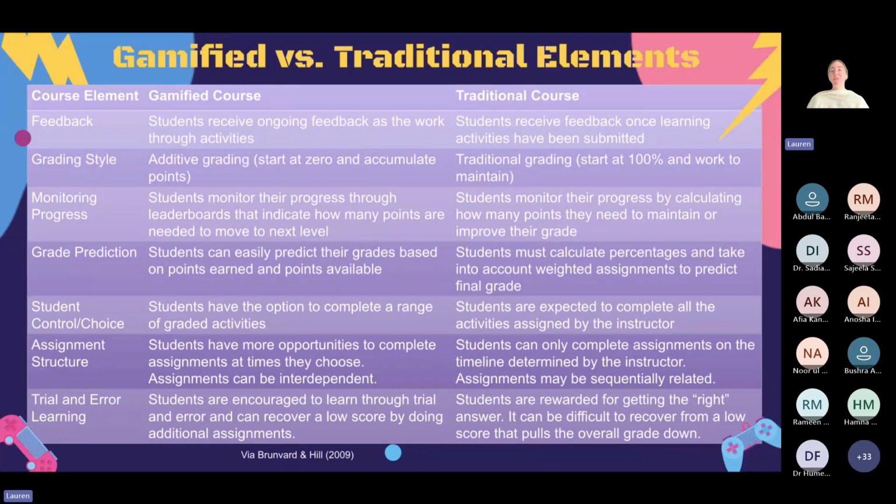And this is compared to a traditional course where students receive feedback once learning activities have been submitted. So usually in a course, students submit an activity and receive feedback. And in a gamified course, you design the activities so that students can see where they are, right, while they're doing the activity.